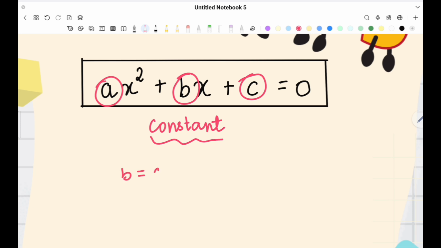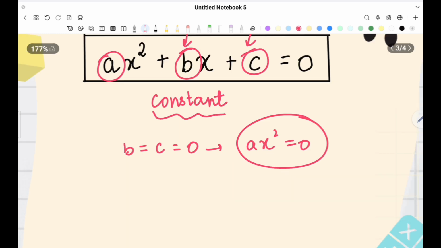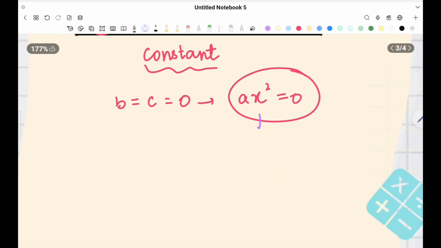If b is equal to c is equal to 0, then ax square will be 0. If we put 0 in this and 0 in this, then the equation will be formed as ax square is equal to 0, and such equation is called an unaffected equation.